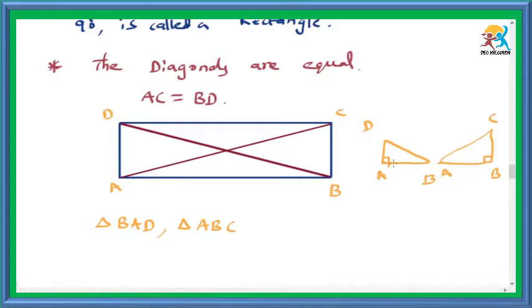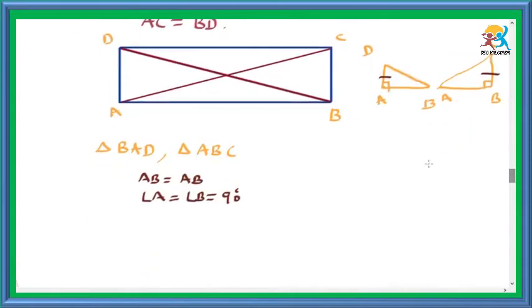Just observe, in both the triangles AB is the common side, and angle A is 90 degrees, in this angle B is 90 degrees. And AD side is equal to BC side, because they are the opposite sides of a rectangle.